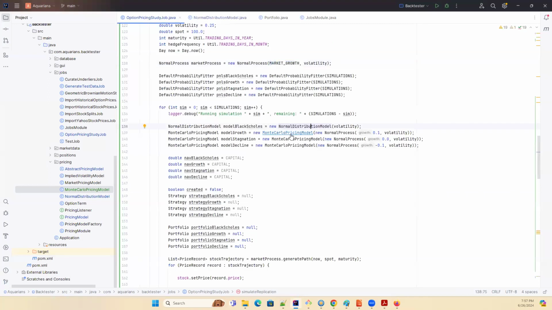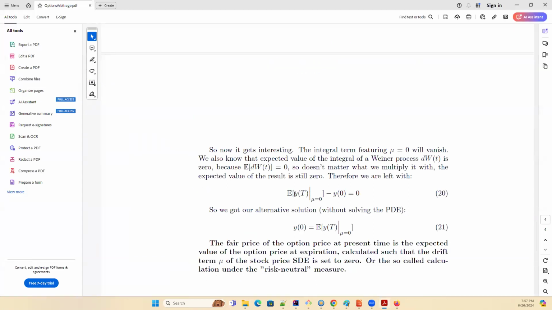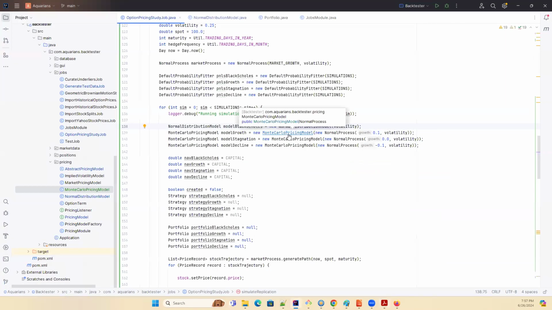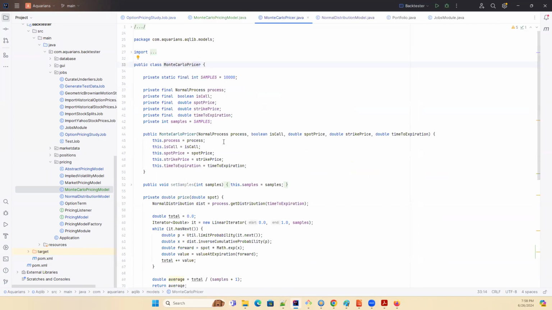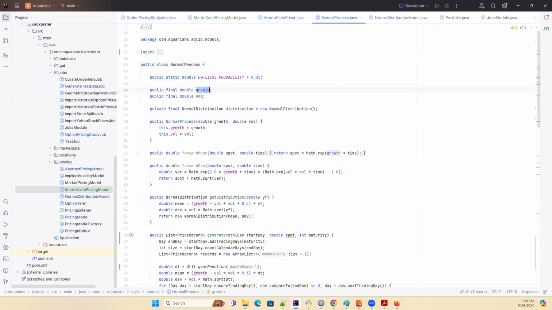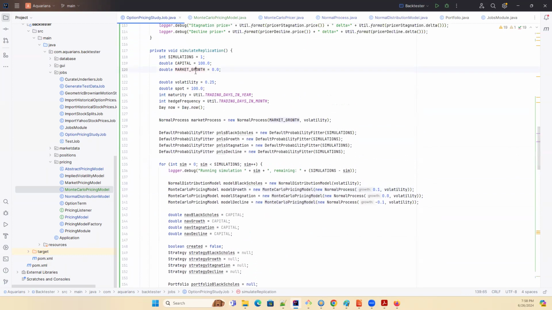And we have encapsulated the pricing using expectations, the expectation of the option value at expiry using this Monte Carlo pricing model, which in turn uses a Monte Carlo pricer, which uses a process, and this process can have a growth. So we can test. We are going to have the market process having whatever growth.